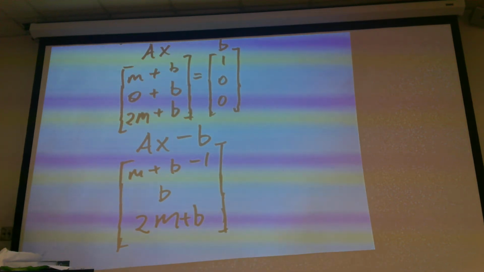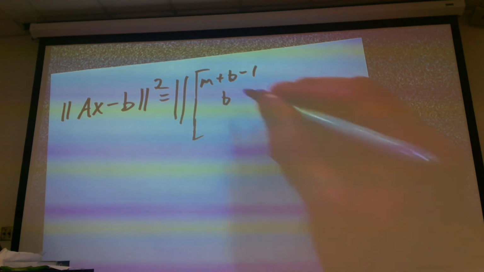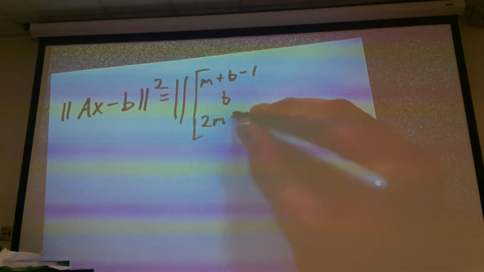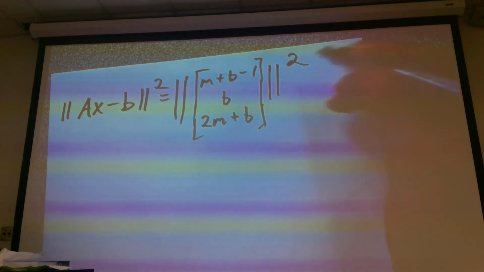So what we're going to do is minimize the square of the magnitude of this thing: the magnitude of m plus b minus 1, b, and then 2m plus b, and then square.